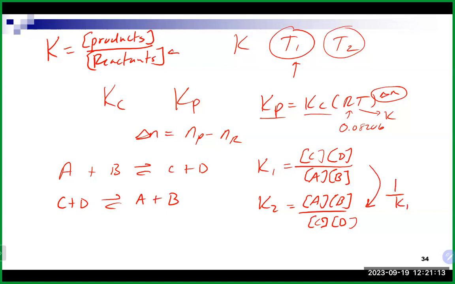We don't change the sign or anything like that. It's 1 over the K value.